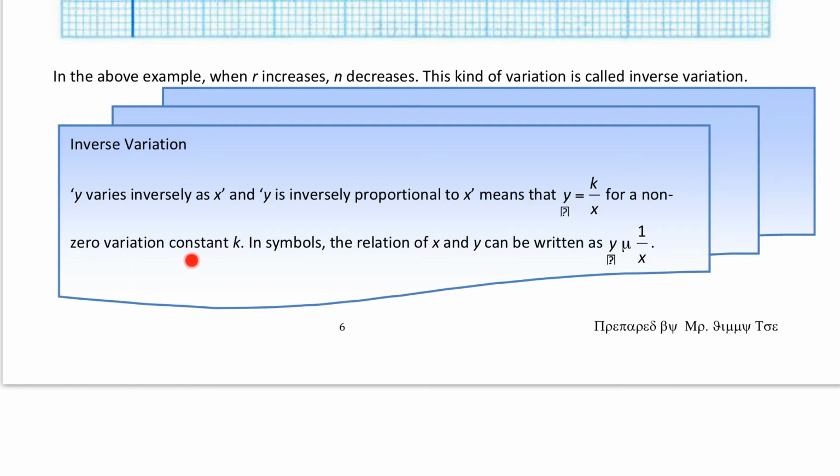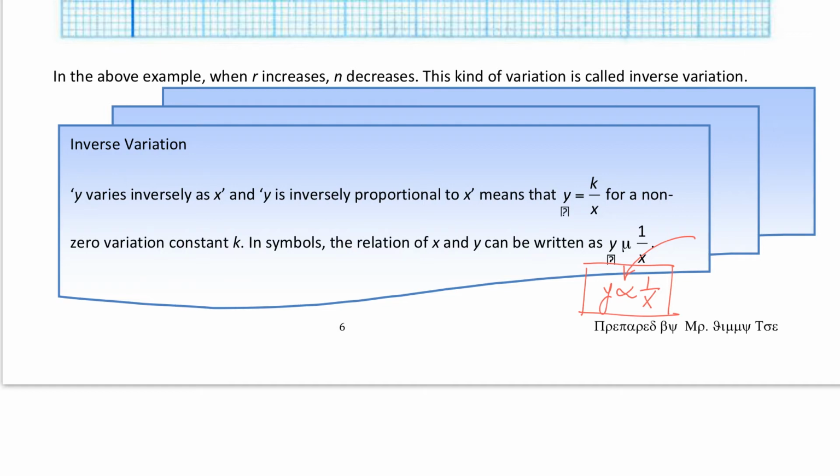Remember, k is a non-zero constant. We can also use the symbol to represent that y is directly proportional to 1 over x. Do you remember this notation? Directly proportional.